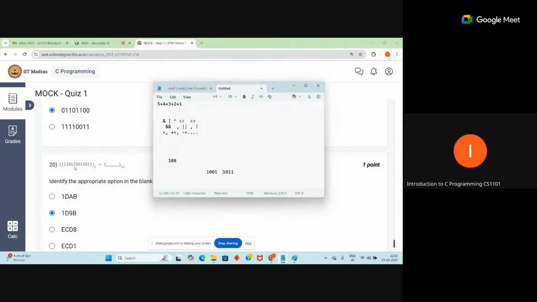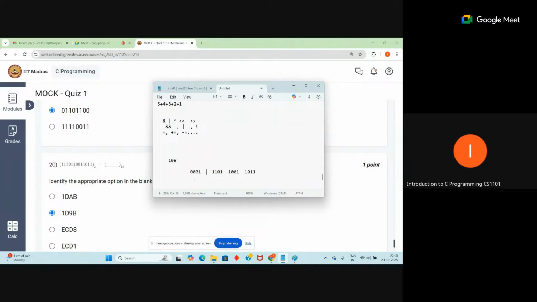Then the third group will be 1101. And the next one, we are left with only 1, so we can take preceding zeros.